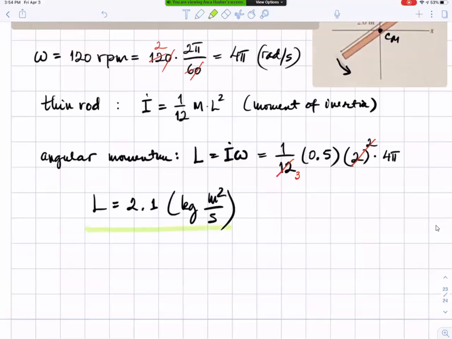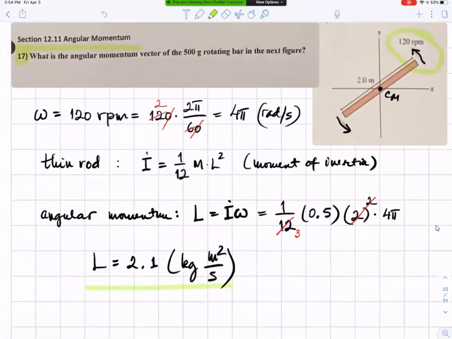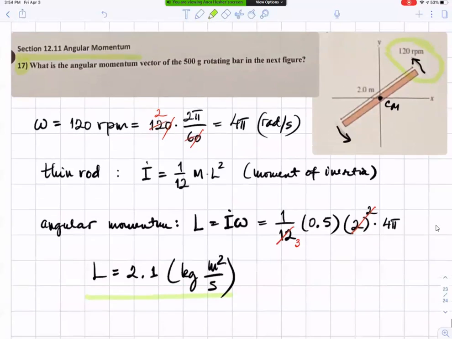Now, do they ask you the direction of it? They don't, but I would. If you wrap your fingers in the direction of the rod rotation, so right hand rule again, your thumb will point out in the Z direction, right? It's either into the page or out of the page. But think about how you hold your right hand, right? So your thumb will point out.